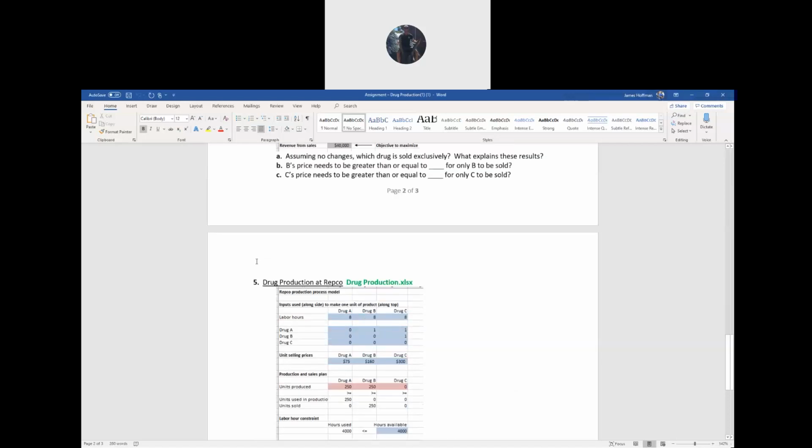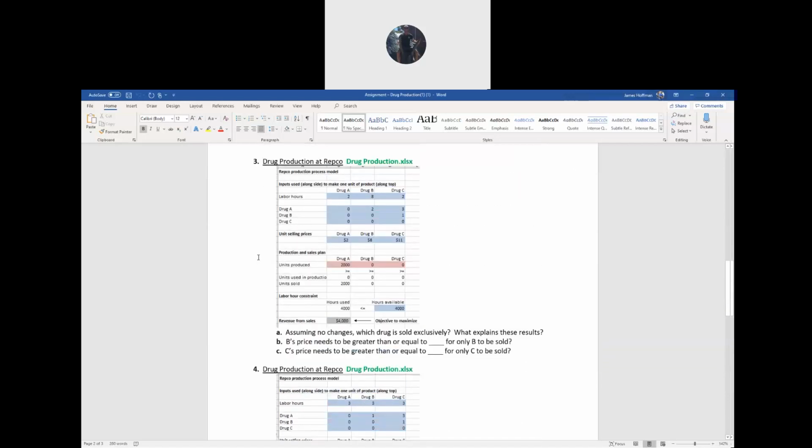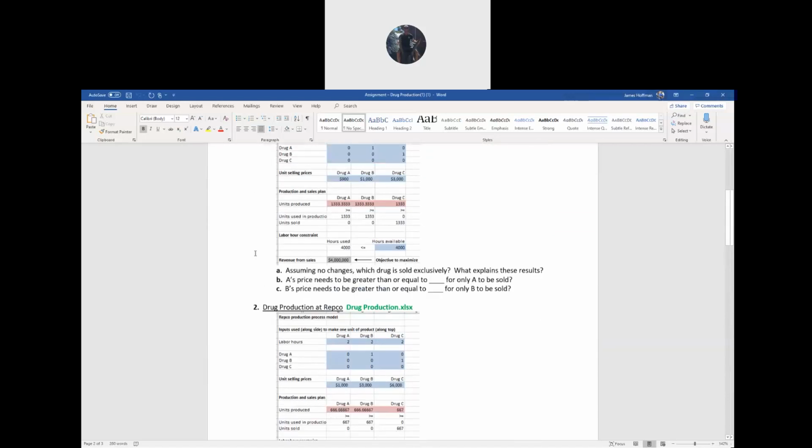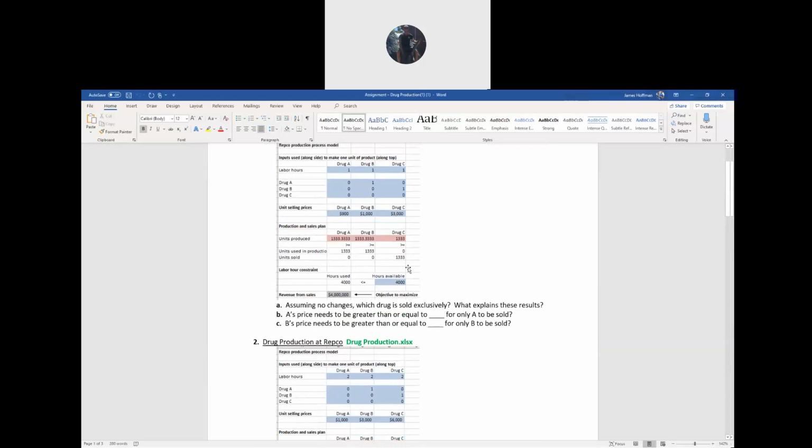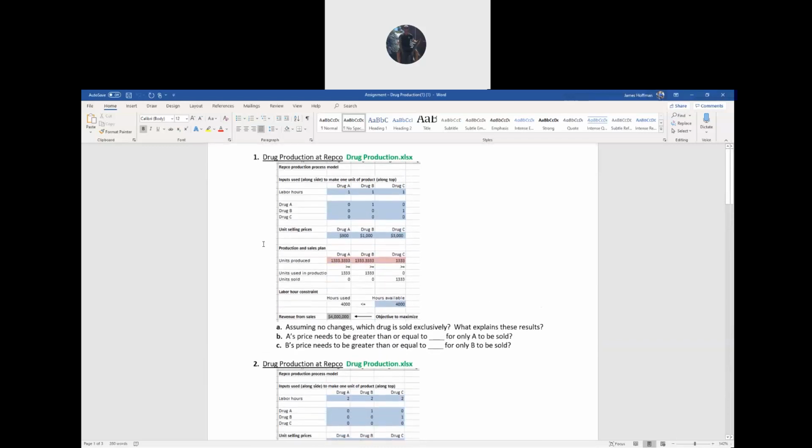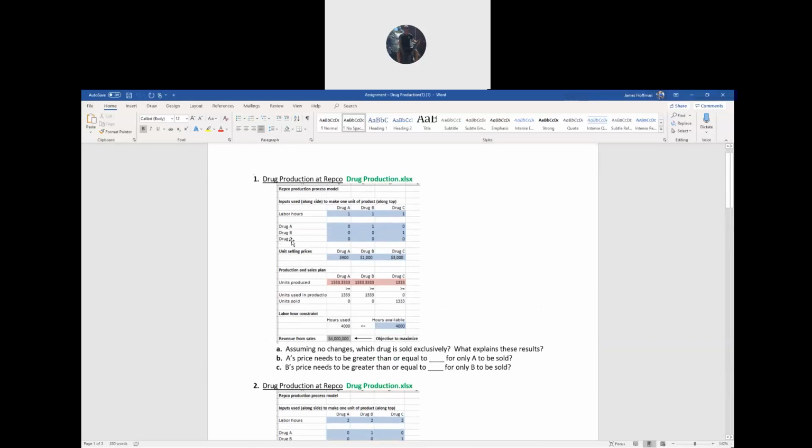Make sure that if you have any questions as we're going along, you ask them, because I want to make sure you understand the logic and how we get these problems done. They're a little tricky, but they're kind of fun. Again, this assignment is based on the drug production, the example 4.5 assignment. Answering these 5 questions is what's due for this assignment.